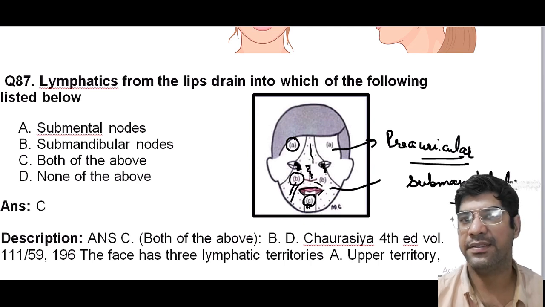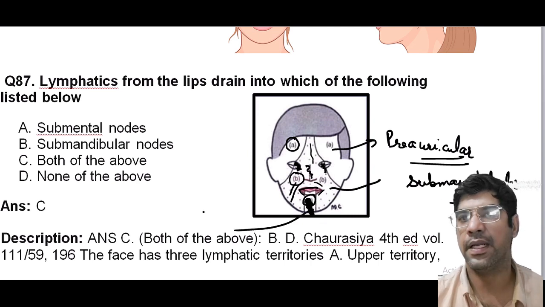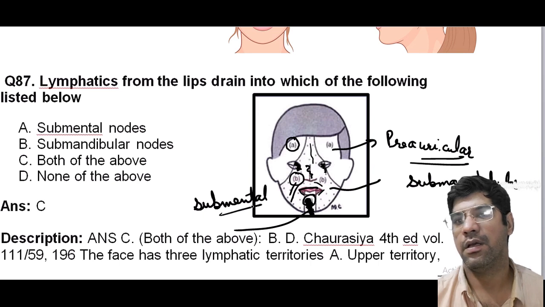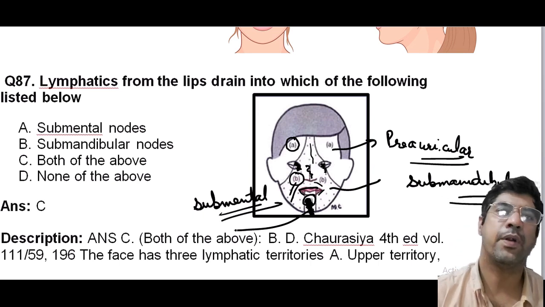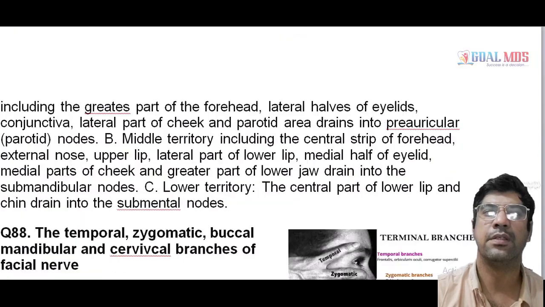The third area is the lower territory, that is the central part of the lower lip and chin, which drains into the submental nodes. So this figure is very important from your entrance exam point of view, very well given in B.D. Chaurasia.